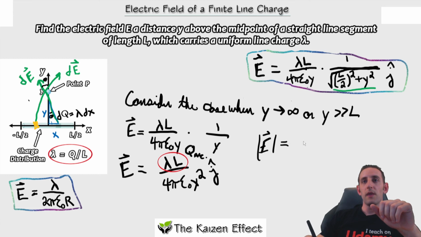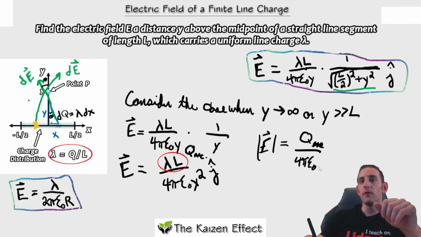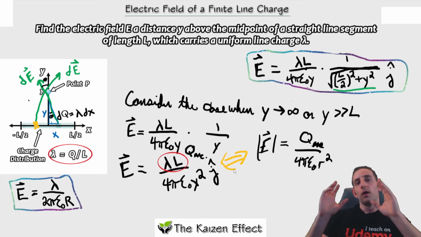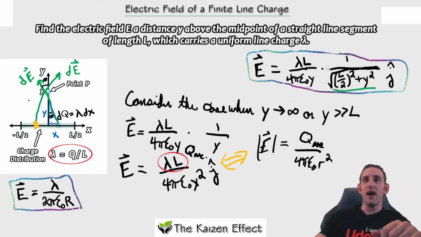The magnitude of the electric field for Coulomb's law is the total charge over 4 pi epsilon naught r squared. Well, if you look at that, lo and behold, these guys are equivalent. We probably got the right result, so we can feel confident in that. And that, ladies and gentlemen, is the electric field of a finite line charge.